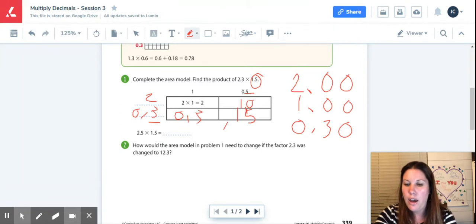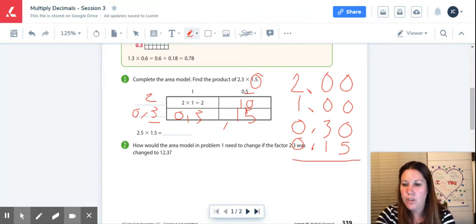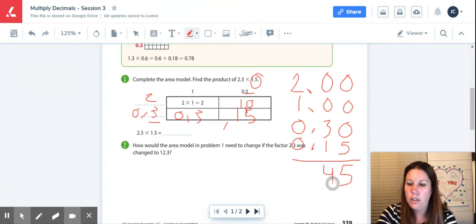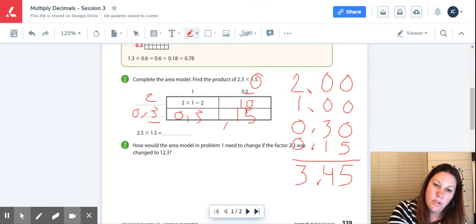And then we have 0.15. And we're going to add all that up. So we get 5 here. And then 3 plus 1 is 4, decimal point, 2 plus 1 is 3. So our answer is 3.45. So I'll put that on the blank line here. There we go.